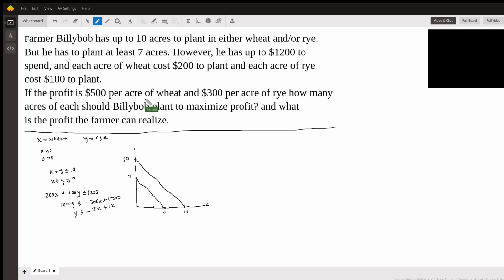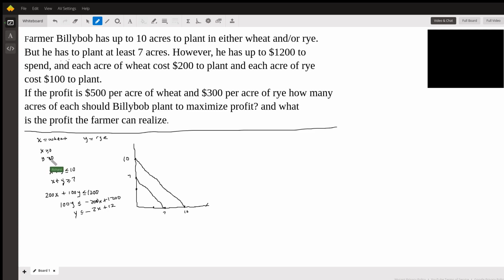So I got started a little bit on this because I don't want this recording to go on and on. We have 10 acres to plant in either wheat or rye. So I let X be wheat, Y is rye. We have to say that we're going to plant at least 0 acres of wheat and at least 0 acres of rye.